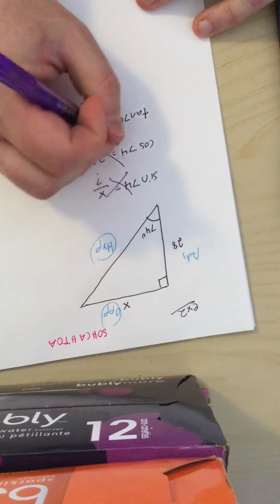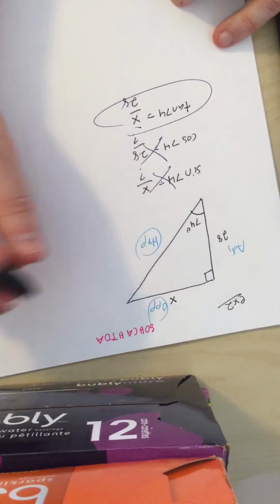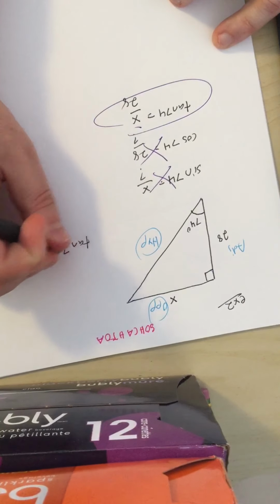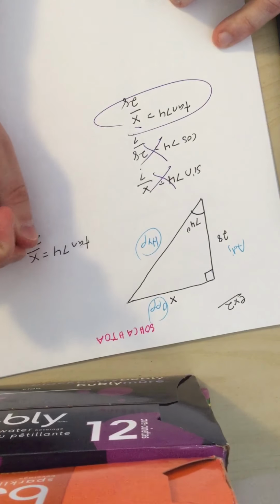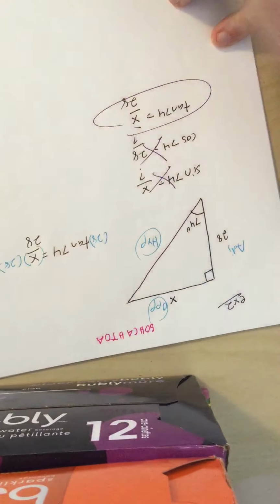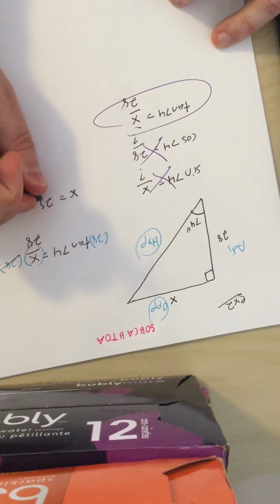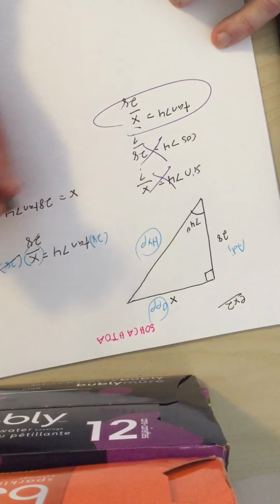So those didn't work, that's the winner. So tangent of 74 equals x over 28. We multiply both sides by 28. So then we're going to get chink chink, x equals 28 tan 74.